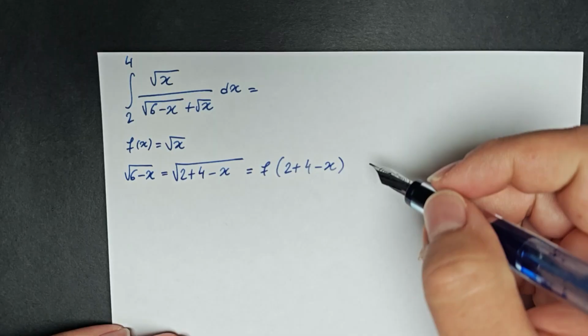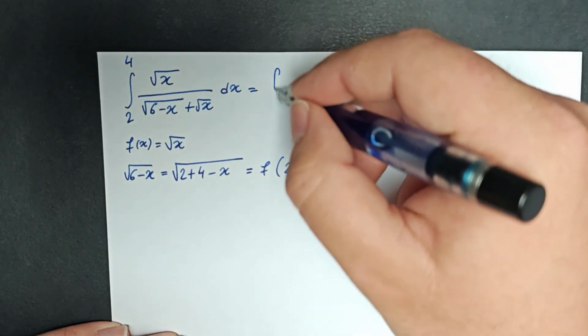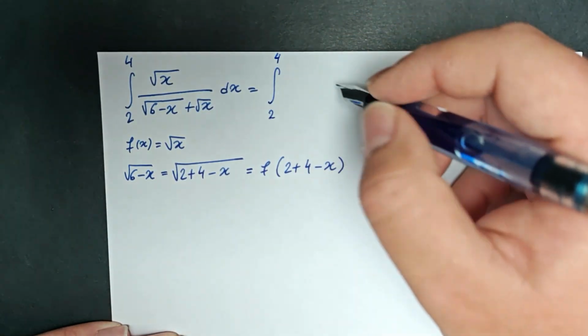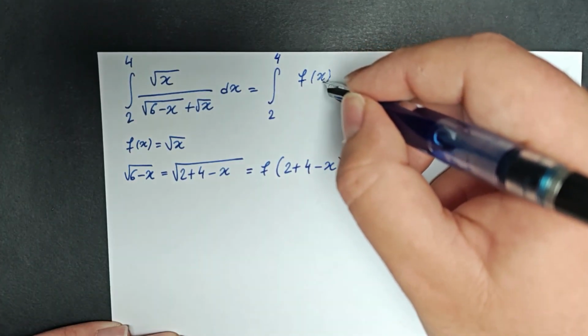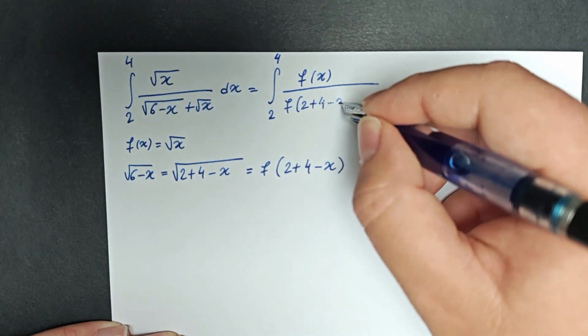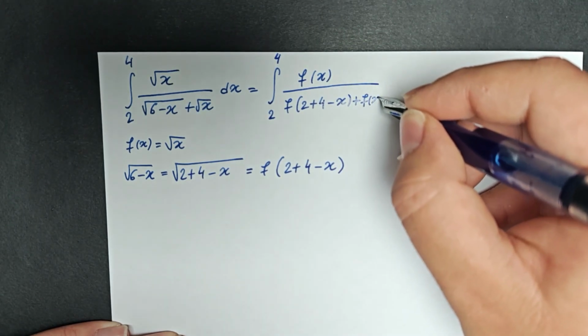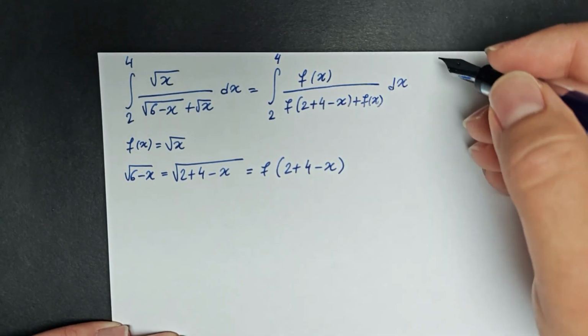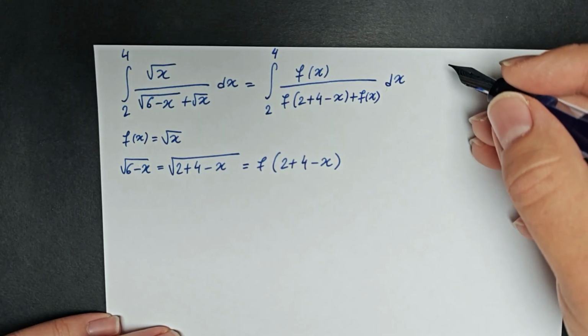So the integral which we are working with becomes an integral from 2 to 4 of f of x divided by f of 2 plus 4 minus x plus f of x, dx. As you can see, this integral corresponds perfectly with the formula, so we can apply it and get this integral evaluated.